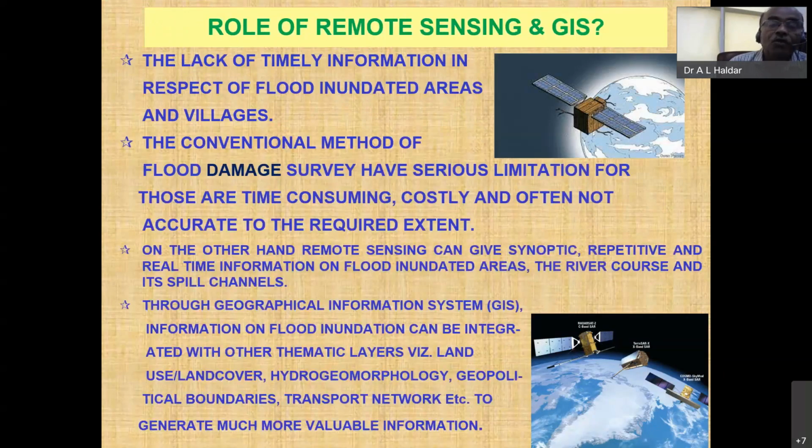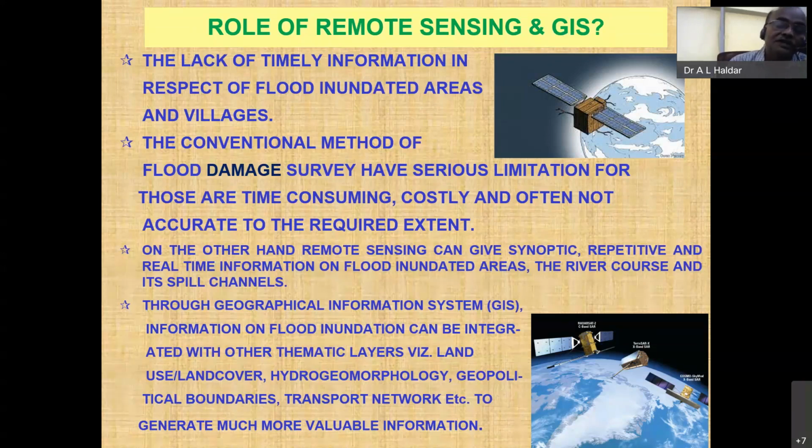I'm not going into detail, like Dr. Uniyal told about remote sensing and GIS, channel evaluation, the same things, the same phenomena. In the same way, we can use remote sensing and GIS as a tool to prepare the flood hazard zone. In very interior places where people cannot go immediately, remote sensing technology gives immense information and can guide where the relief is to be reached, which place the NDRF or SDRF people should reach.